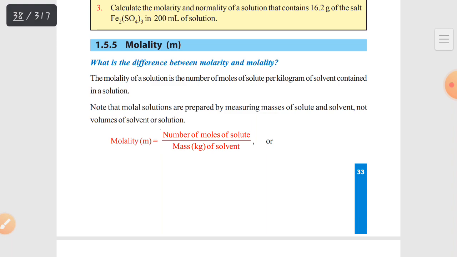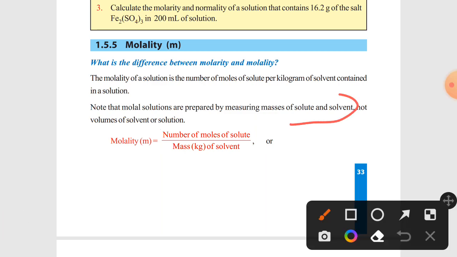Molal solutions are prepared by measuring masses of solute and solvent, not volumes of solvent or solution. Volume does not matter. The mass of solute is in moles, and the solvent in kilogram. The unit of molality is mole over kilogram.